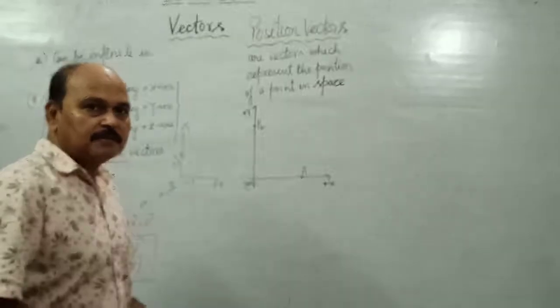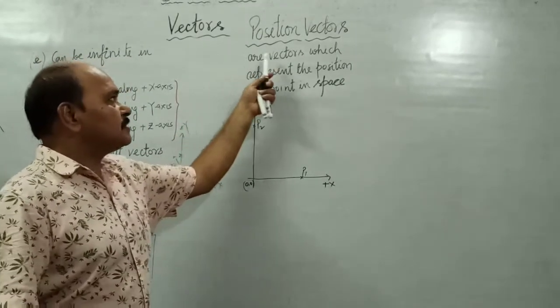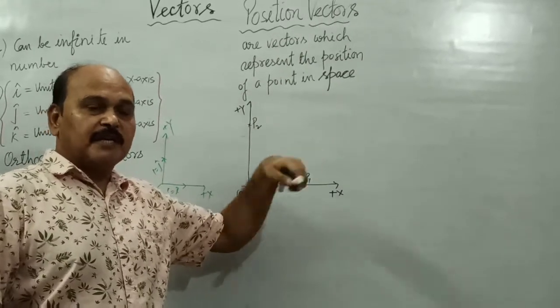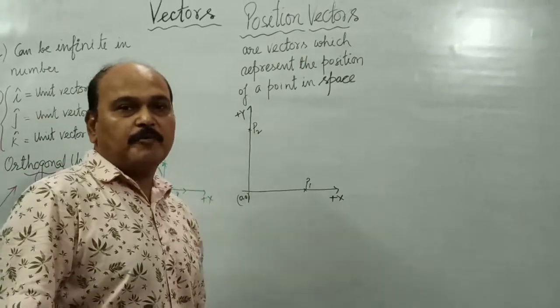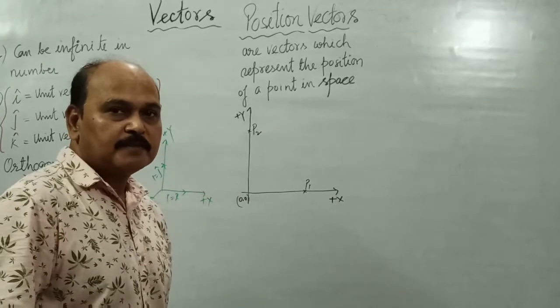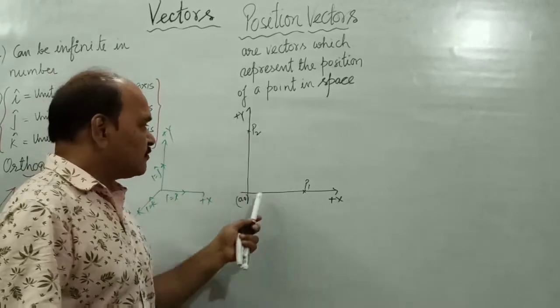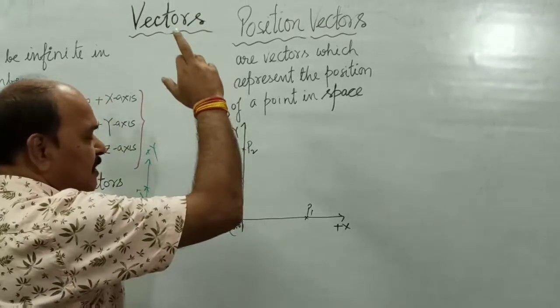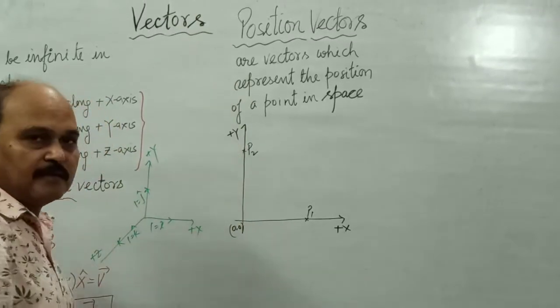Position vectors. Position vectors, as obvious from the name, are those vectors which express the position of a point in space. Suppose this is xy plane, this is positive x-axis, this is positive y-axis and this is origin.